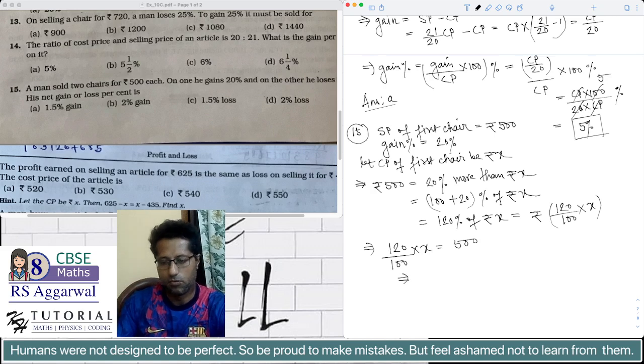From here we can find X to be 500 multiplied by 100 divided by 120.